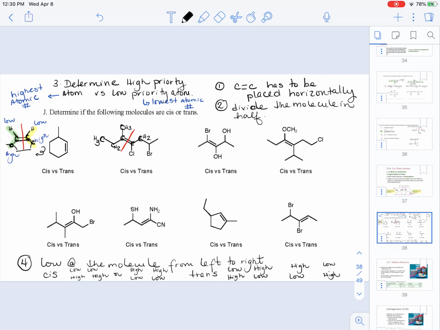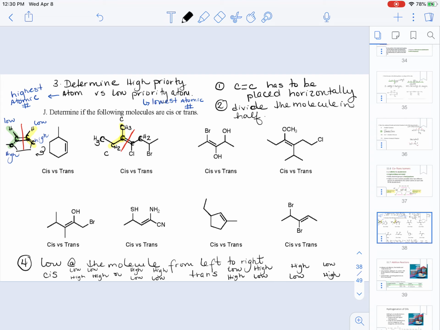Now, we are going to look one side at a time. If we look at the left side first, we have a carbon atom bonded to carbon and then bonded to carbon. So at this point, there is no point of difference when we look at what is directly attached to that carbon atom. Because here we have a carbon and here we have a carbon.